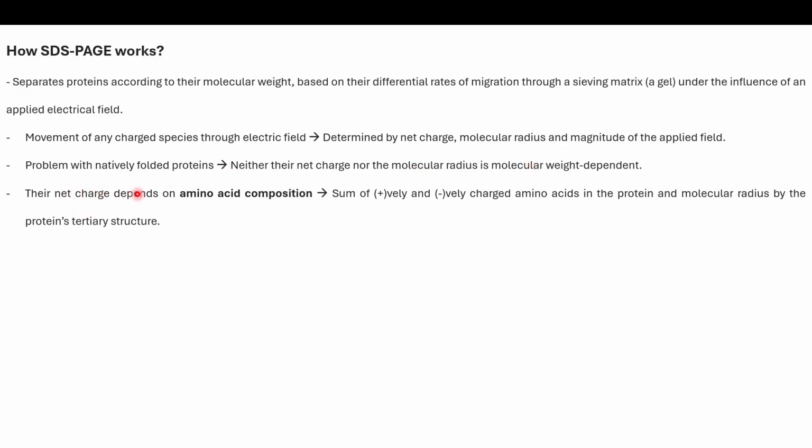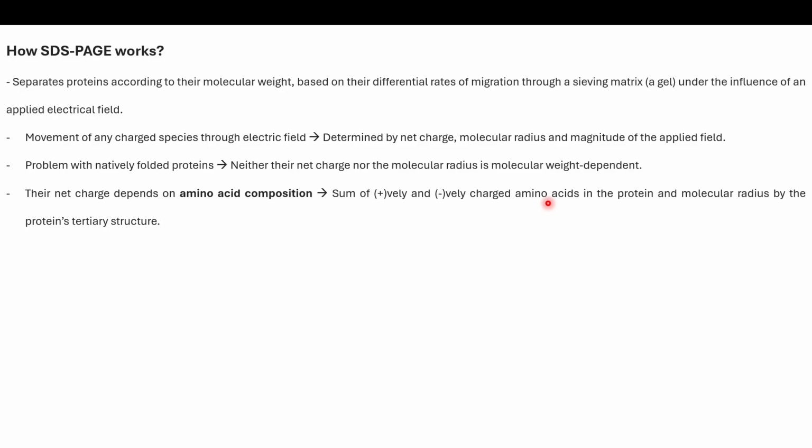And the net charge is decided by the amino acid composition, which is eventually the sum of positively and negatively charged amino acids, or not necessarily. Eventually the hydrophobic or polar or non-polar residues can also help in protein folding, eventually leading to masking of some positively or negatively charged residues as well.